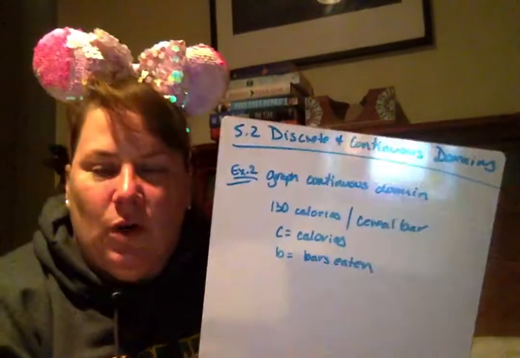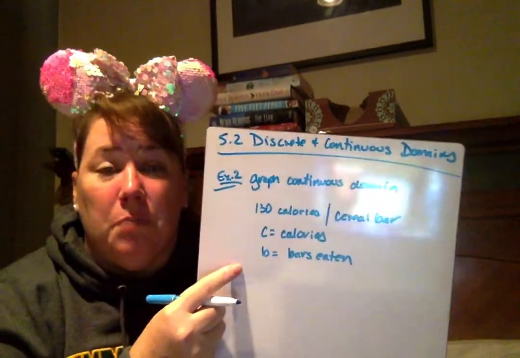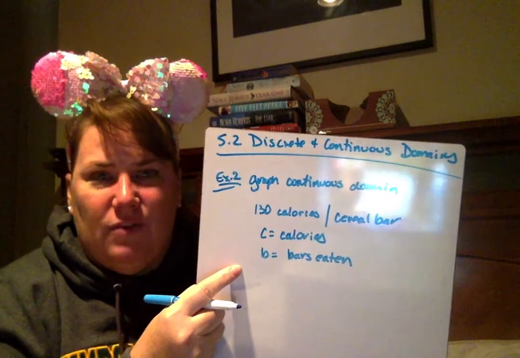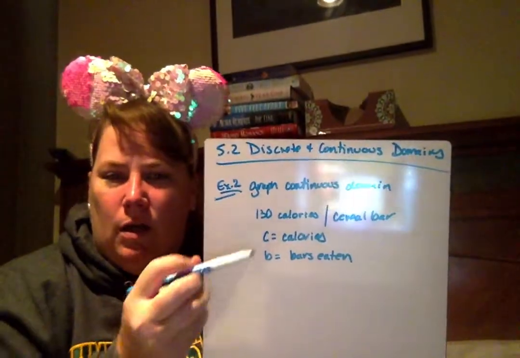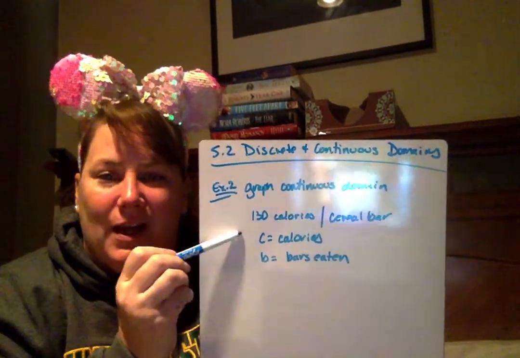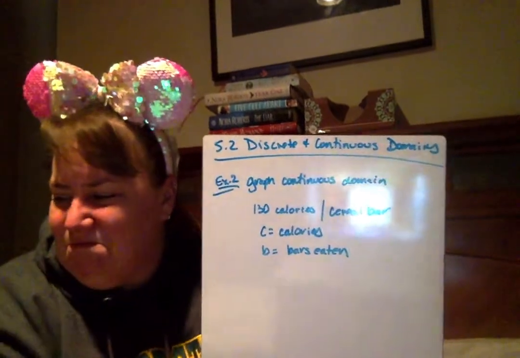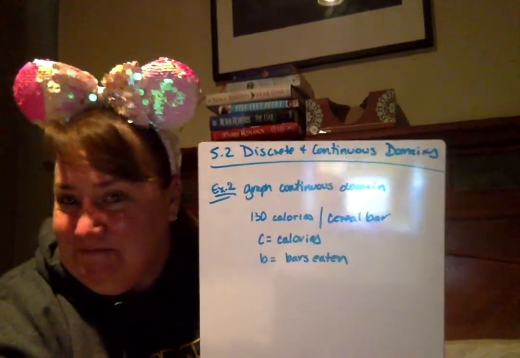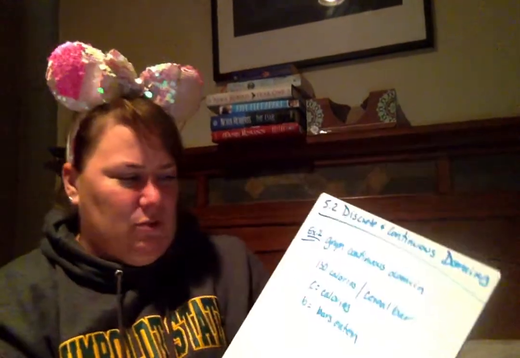So when you do this, you want to ask yourself which one can stand on its own. Can calories stand on its own or bars eaten? If you have a hard time figuring that out, think about which one is relying on the other one. Is the calories relying on the number of bars, or the number of bars eaten relying on the calories? Well, if you're having a hard time, let's write them both out.